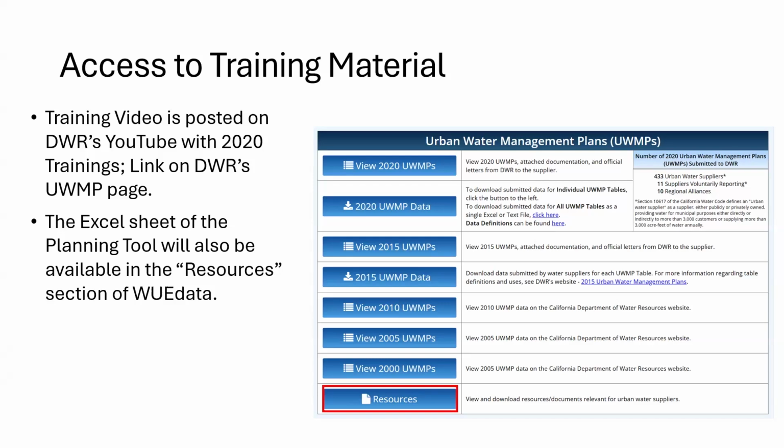And then the Excel sheet where you can access the actual tool for you to use will be available in the resources section of WUI data. As you can see from this picture here at the bottom, there's this red box around resources. So if you go to the page and click the resources section in the UWMP section, that's where you can find the Excel file.